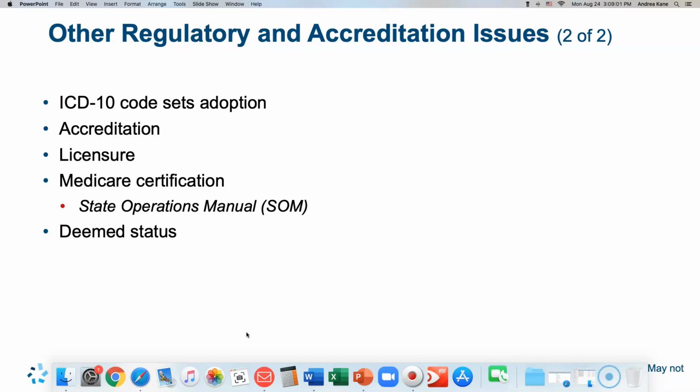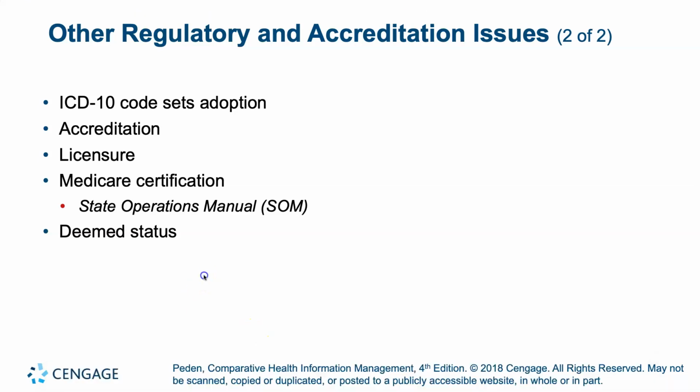Let's see, accreditation. We will be talking about accreditation in this class and in other classes. We talk about accreditation in this class specifically as it refers to the records that we're dealing with, comparative records. Licensure. Each type of facility or organization has licensure, or their providers do. So we'll talk about that a little bit when we talk about comparative records. Medicare certification.